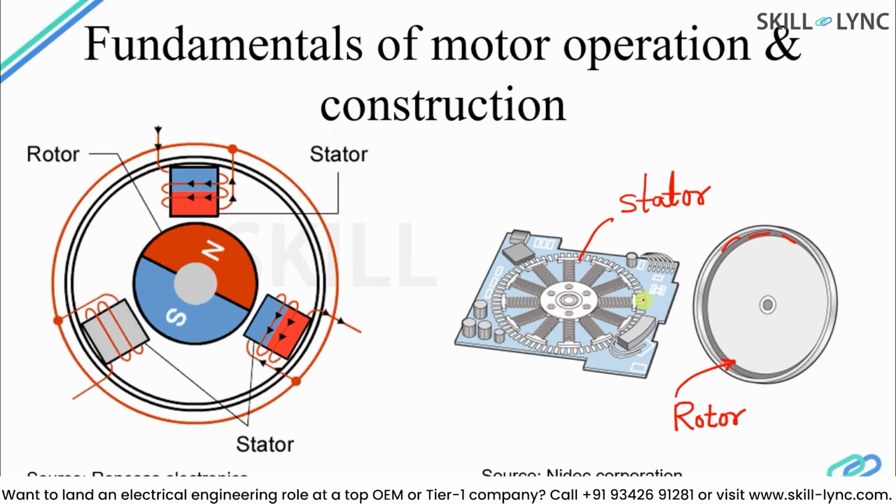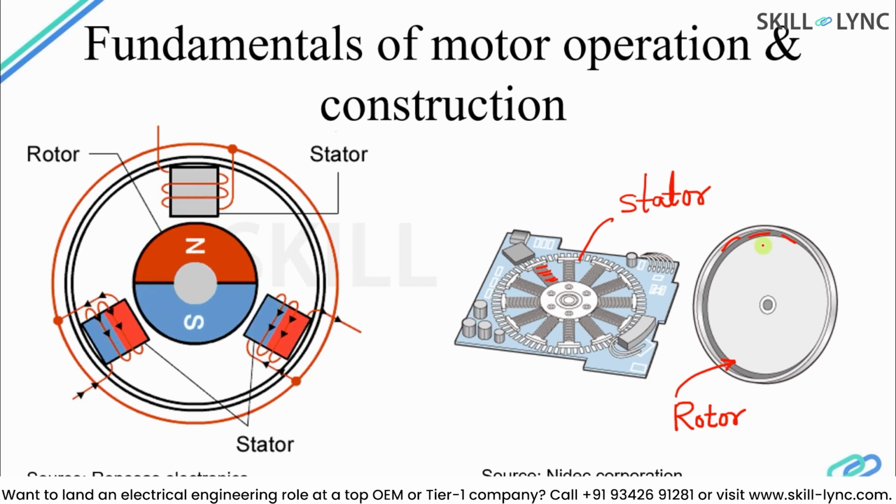What you see over here are the stator poles, where you have the winding, where you can see the copper is wound like this, and here you have the permanent magnets. The stator poles and the rotor poles interact with each other and produce the required torque and speed, and this is the fundamental motor operation.